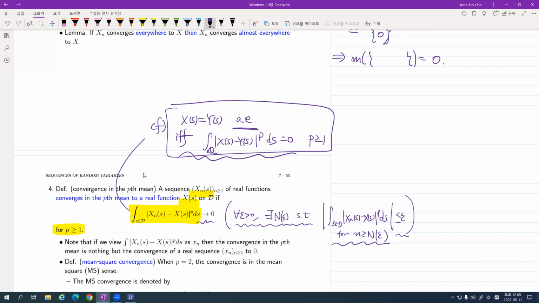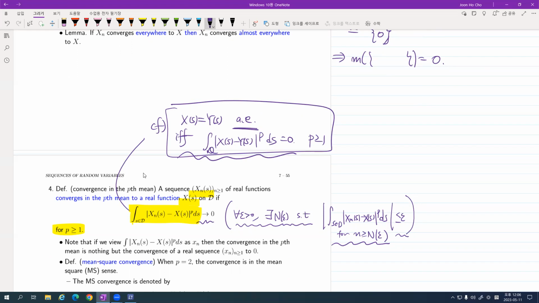And see that when n is some finite number, your integration is some non-negative number, right? So you have a countably infinite number of real numbers, and you can construct a sequence of real numbers here.